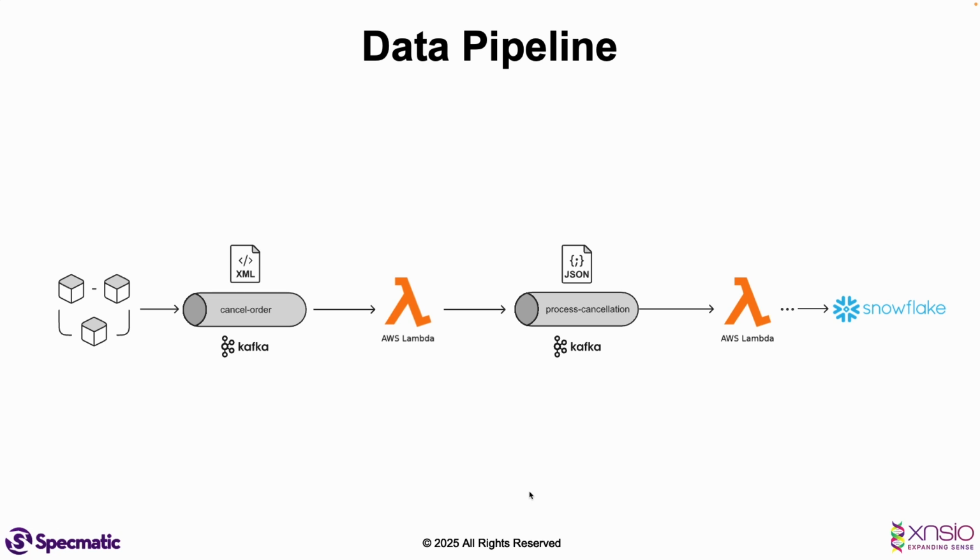One option is to start with an XML message, make it go through the entire data pipeline, and check if it reaches Snowflake. While there is a time and a place for an end-to-end test like this, it comes with a few drawbacks. Firstly, if something goes wrong, it's very hard to pinpoint which Lambda function was responsible.